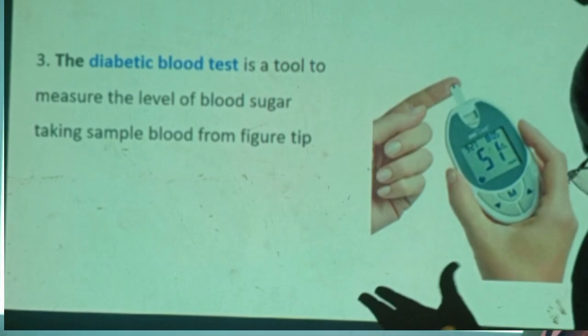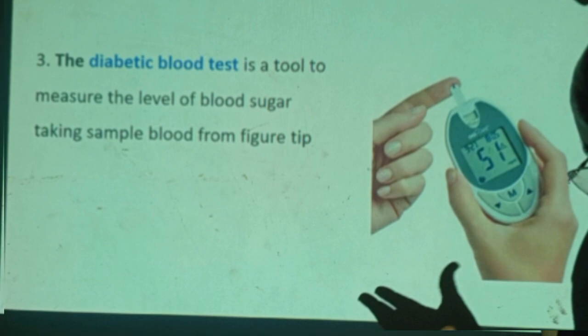That means hypoglycemia, that means lower than normal, and hyperglycemia, larger than the normal range, the highest range. Therefore, this is very important. Every diabetes mellitus patient should have this glucometer, a biological sensor.